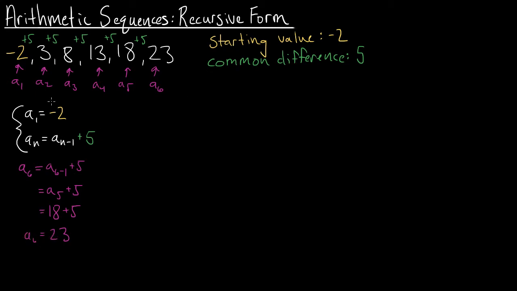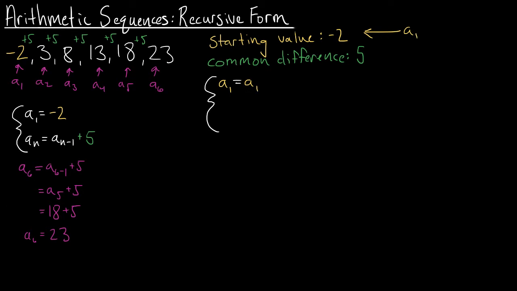So let's write out the general formula for this. We'll do that right here. I have my single curly brace here, and then my starting value, we're calling A sub 1, and that's just equal to whatever your starting value is. Just to reiterate, A sub 1 is my starting value.